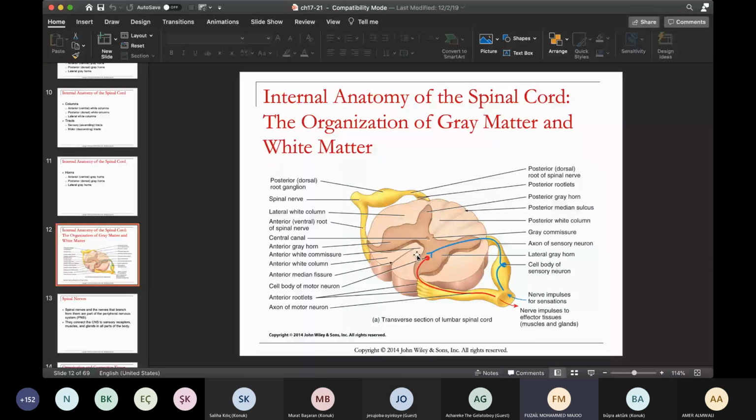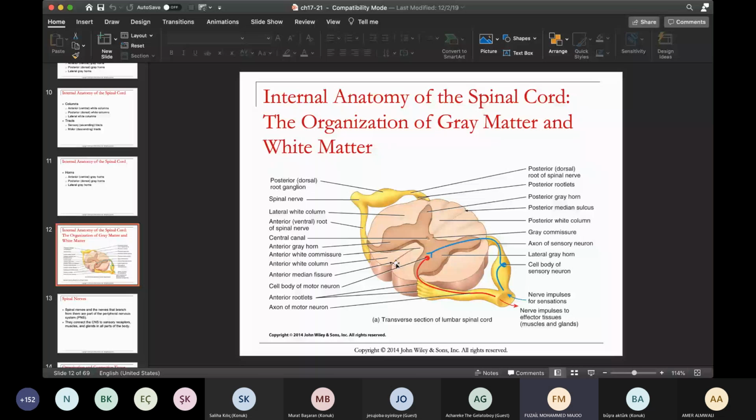Then we have this part here and this part here, which would be the lateral white columns. And these parts are called the anterior white columns.